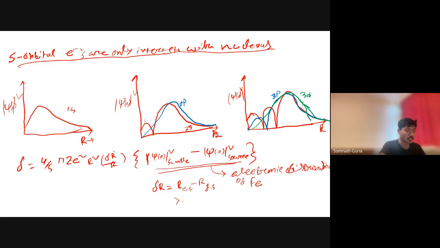This is negative in iron-57 because the excited state nuclear radius is lesser than the ground state nuclear radius. So this value is negative, and then we have the delta R square value and the Z square. So here the major factor is only the electronic distribution at the nucleus.